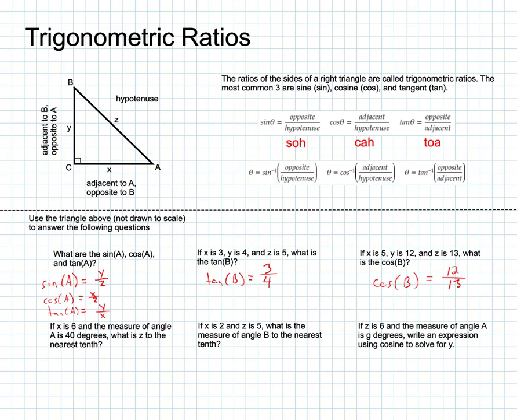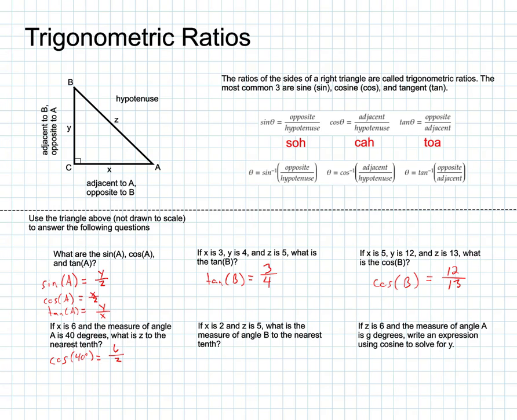If x is 6 and the measure of angle A is 40 degrees, what is z to the nearest tenth? So we're given angle A is 40 degrees, and we're given x, which is adjacent to A, is 6. Which trigonometric ratio uses adjacent? Well, that's cosine. So the cosine of 40 degrees is equal to adjacent, which is 6, over hypotenuse z, so we'll get the expression the cosine of 40 degrees equals 6 over z.